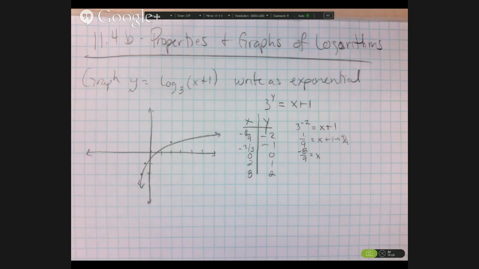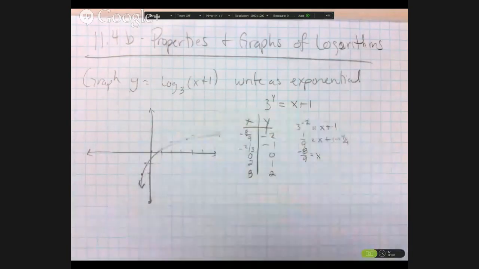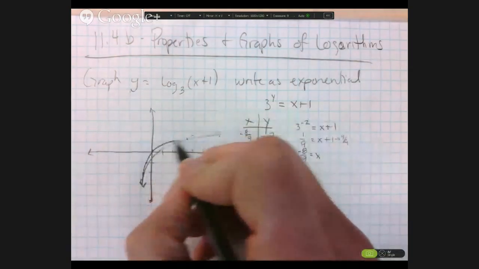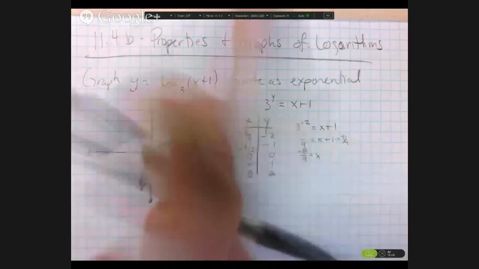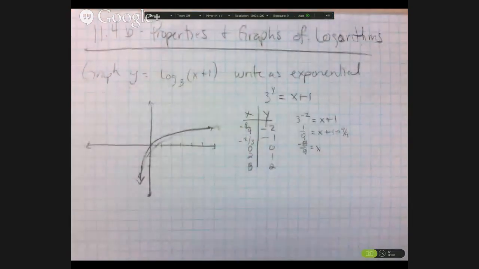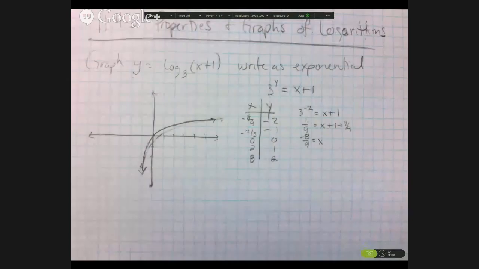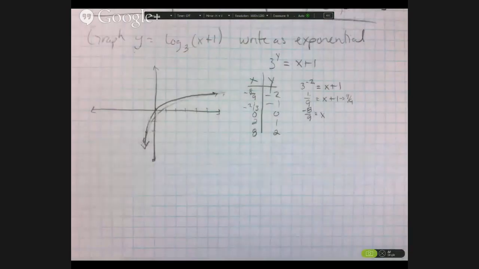It's a good thing I'm writing in pencil, right? So I have been corrected. My curve is not quite accurate. Is that better? Okay. So you think you can handle that? Write it as an exponential graph like you used to. Yeah, pretty much. Okay, that's where we're going.